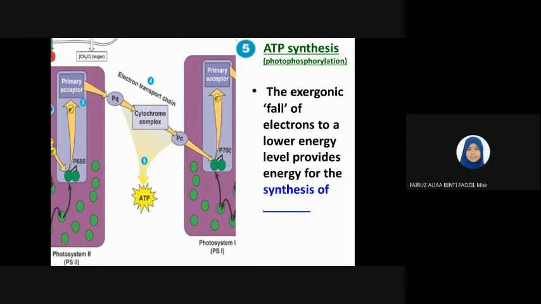Alright. Okay, then ATP synthesis. The exergonic flow of electrons to a lower energy level provides energy for the synthesis of ATP. Okay, correct. ATP.